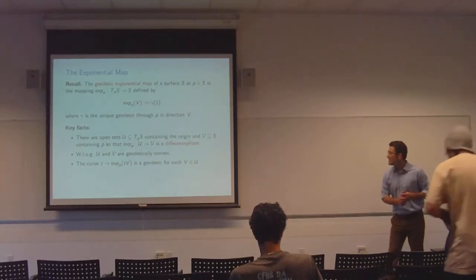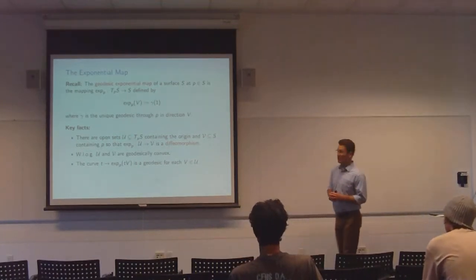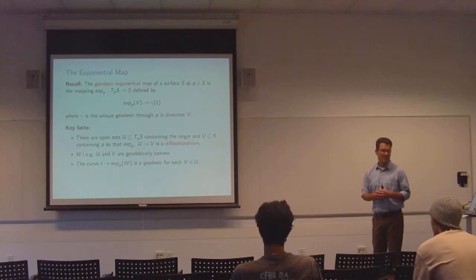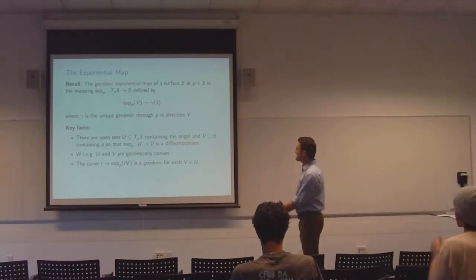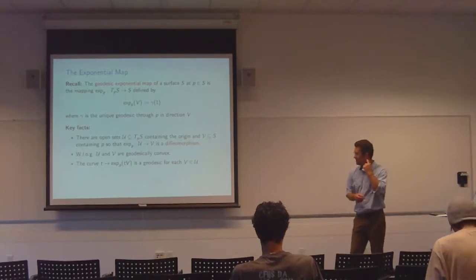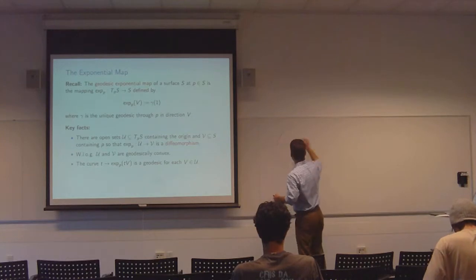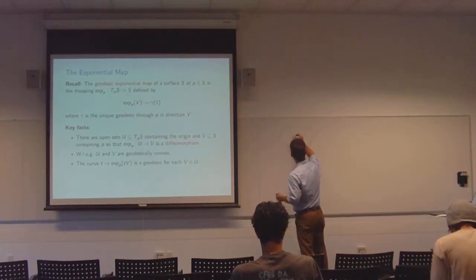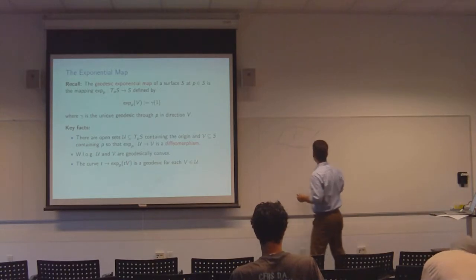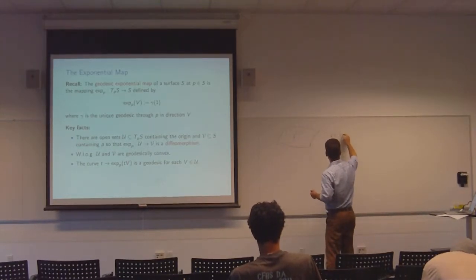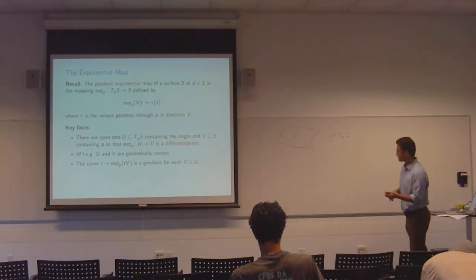Okay, so let's start at the beginning, which was material from a few lectures ago, maybe 2 weeks ago or something. So remember the geodesic exponential map of the surface. The way this works is you have a surface and a point in the surface, and then you choose a vector at that point. So V is a single vector in the tangent space at the point of the surface.